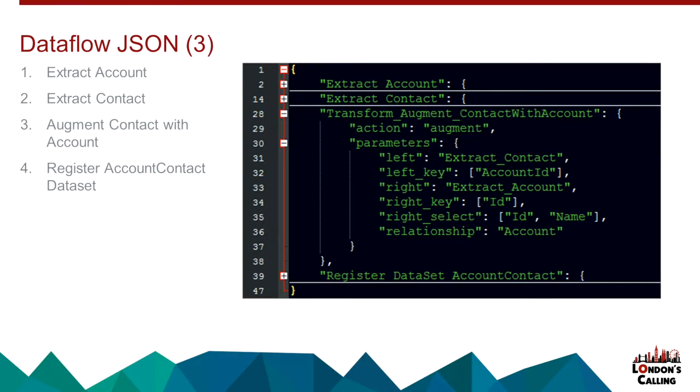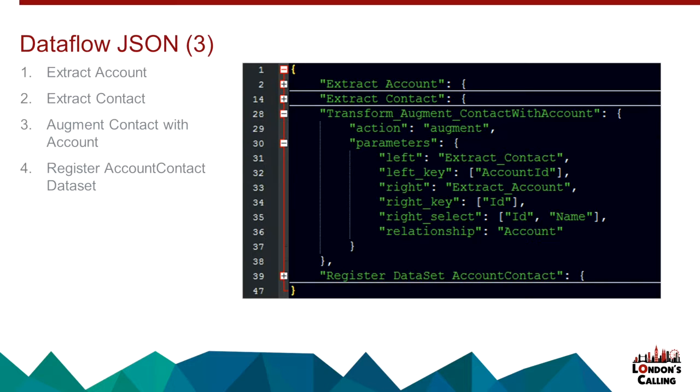Those are the two objects I'm interested in. I then have to specify the key, the way I'm going to join these two together. So account ID on contact is going to join with the ID of an account record. I then tell Wave which of the fields I'm interested in combining from my right-hand object. Again, I don't have to take all of them, but in this case I am: ID and name. And then I also have to tell it what the relationship is.